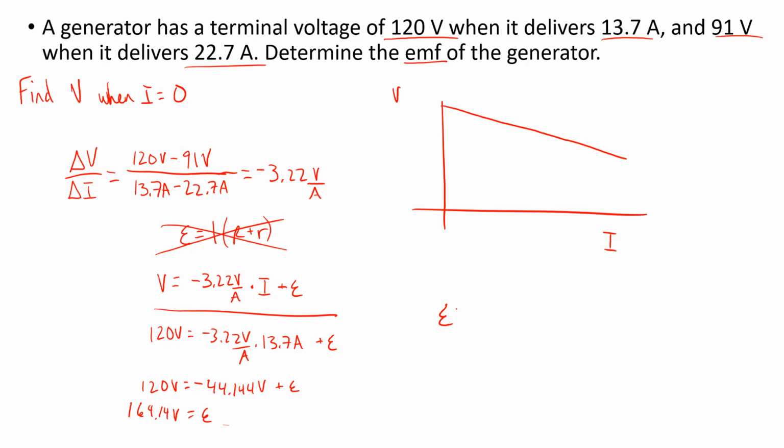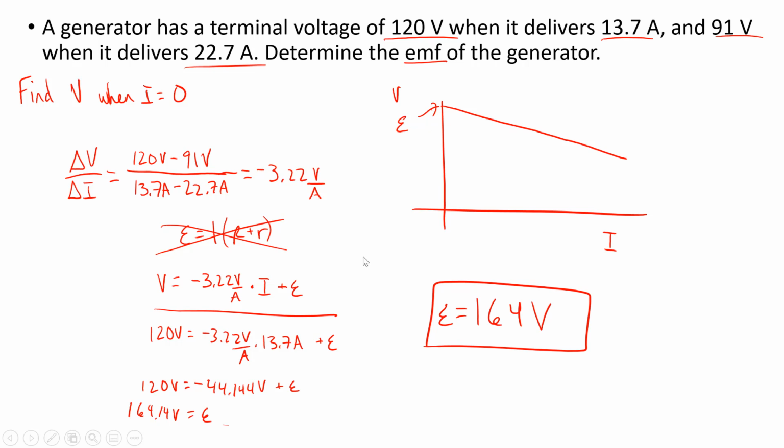So our EMF is then 164 volts. And it's just the y-intercept of that graph again. That's all. Two problems on EMF and internal resistance of a battery.